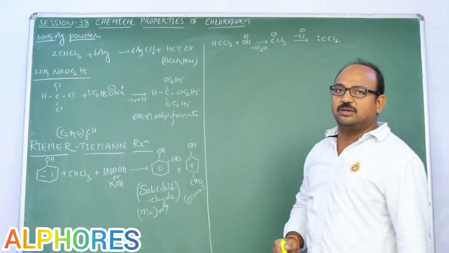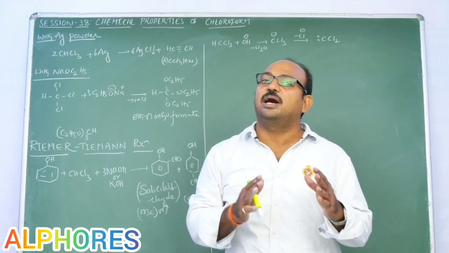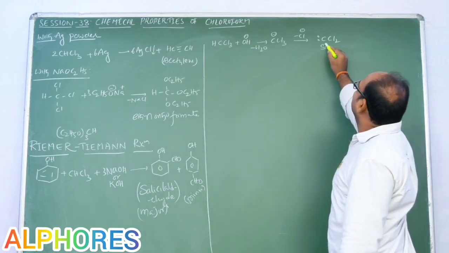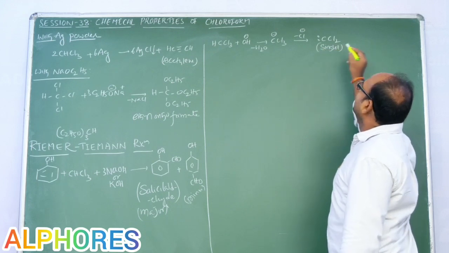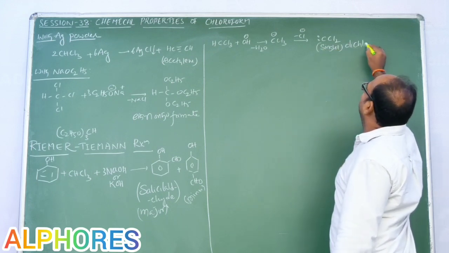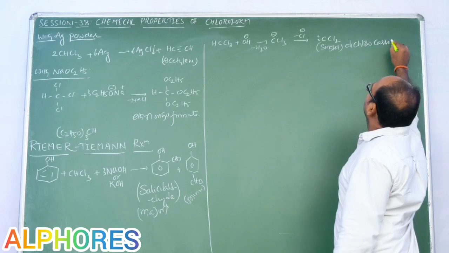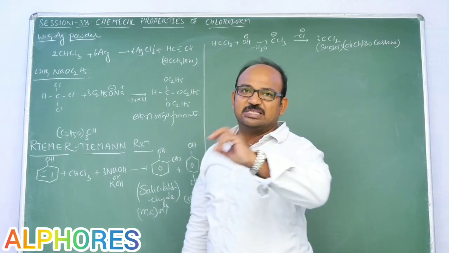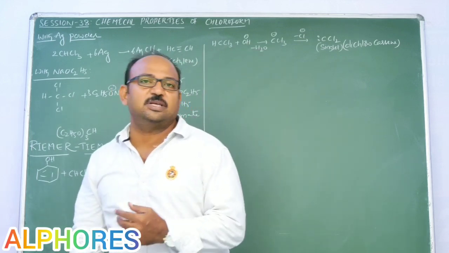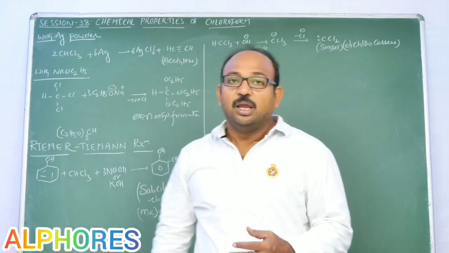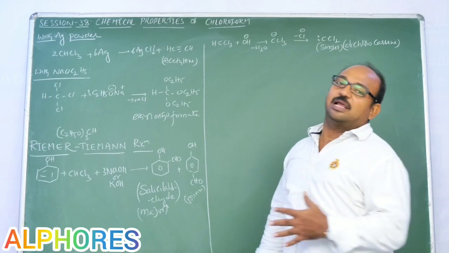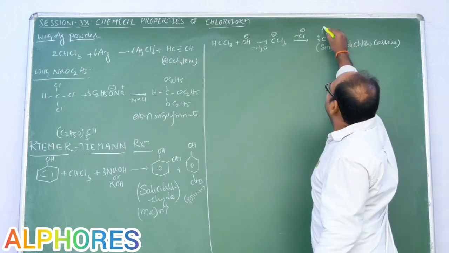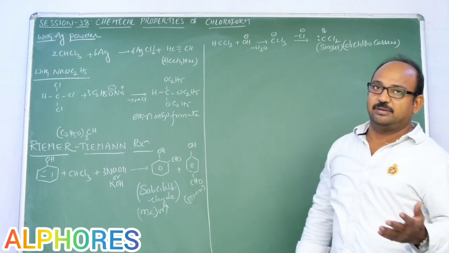This is what we call dichlorocarbene. We are getting a singlet carbene here. Singlet carbene, its name is dichlorocarbene. As we learned, there are singlet carbene and triplet carbene. What is the difference between these two? How spin multiplicity varies, we learned already. Here, being a singlet carbene, these two electrons exist as a spin pair, right?